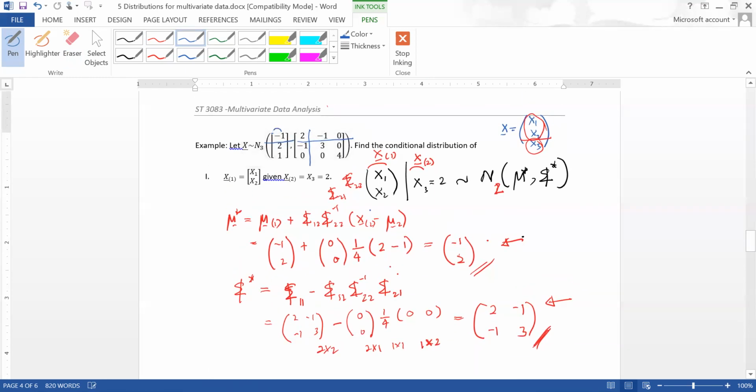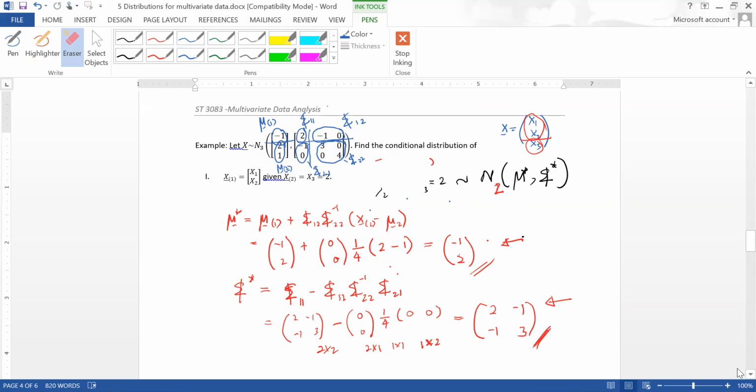So this is going to be your mu1, this is your mu2, and this is your sigma 1,1, this is your sigma 1,2, this is your sigma 2,1, this is sigma 2,2.